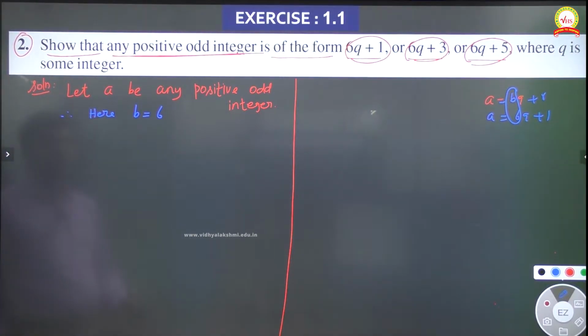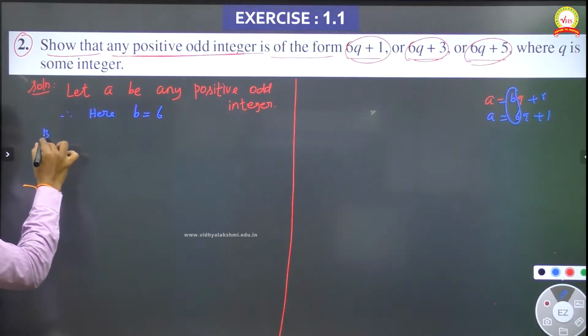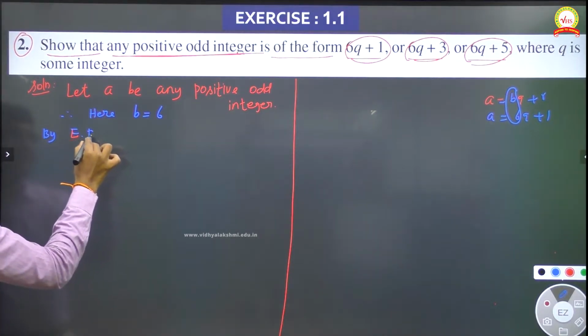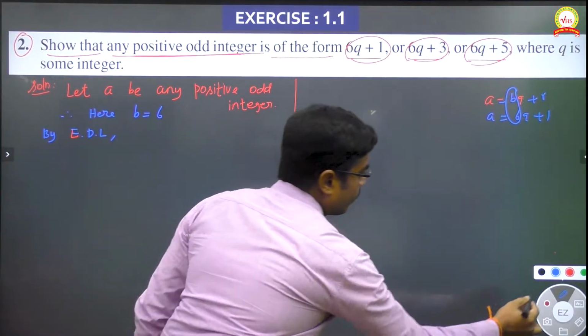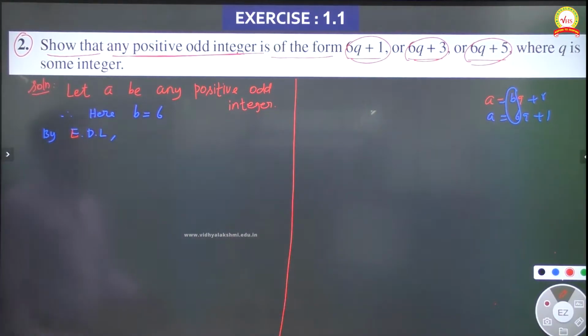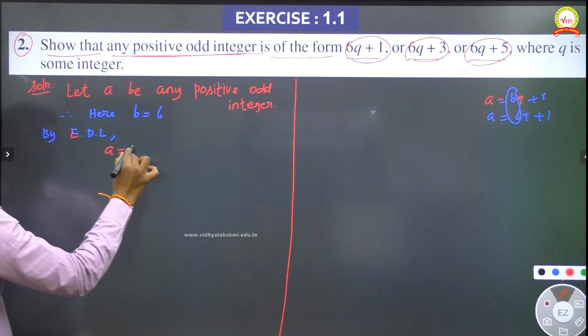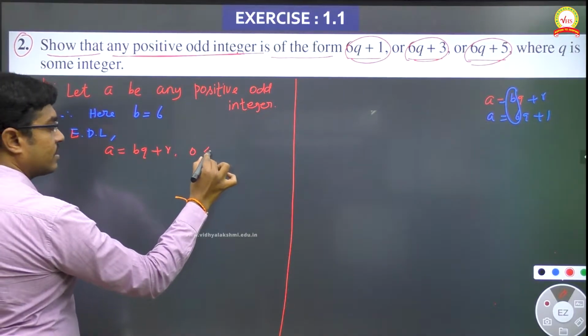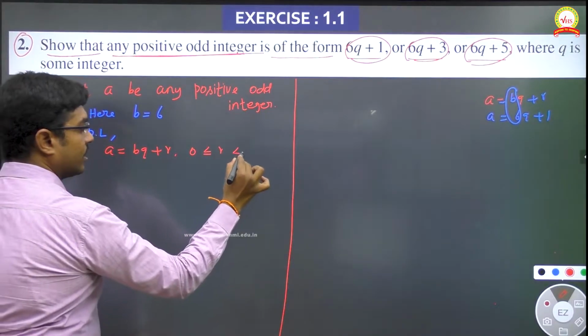Okay, next we can see by using Euclid division lemma. So what is the formula? a equals bq plus r, 0 less than or equal to r less than b.